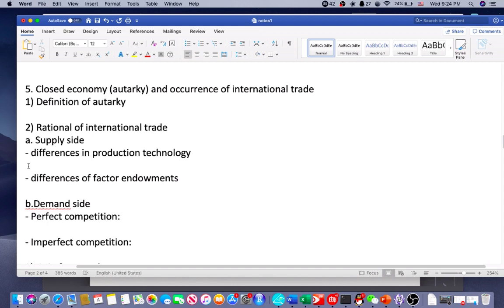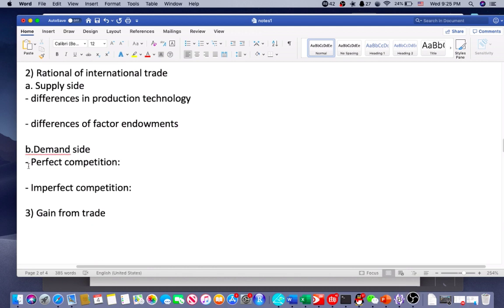On the supply side, it explains international trade as a consequence of differences in production technology that is reflected in the different PPF shapes and thereafter the relative prices and factor endowments. This is perfect if the economy is perfectly competitive. The relative price is used to determine whether the trade will occur.